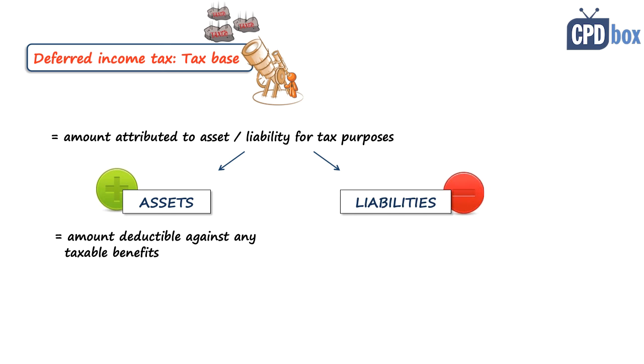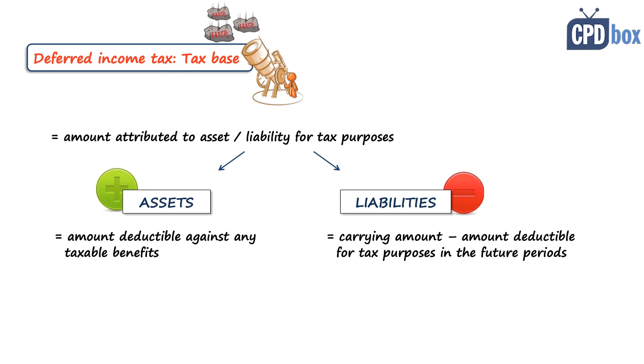The tax base of a liability is its carrying amount less any amount that will be deductible for tax purposes in respect of that liability in future periods. For example, when accrued expenses are taxed on a cash basis, then the related liability has a tax base equal to 0.